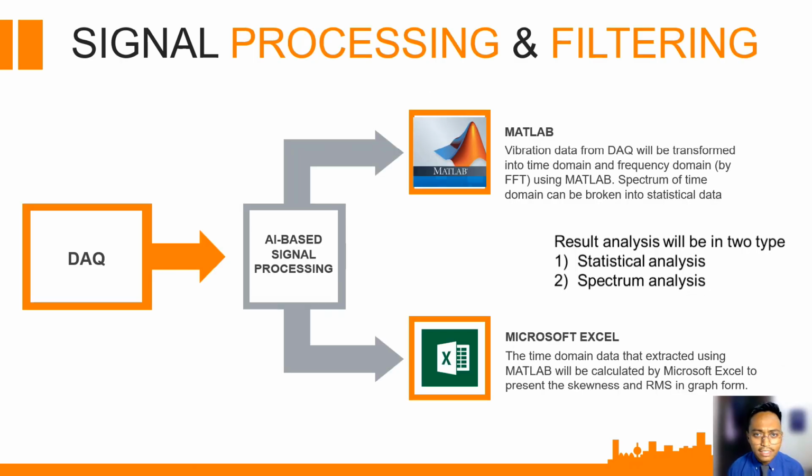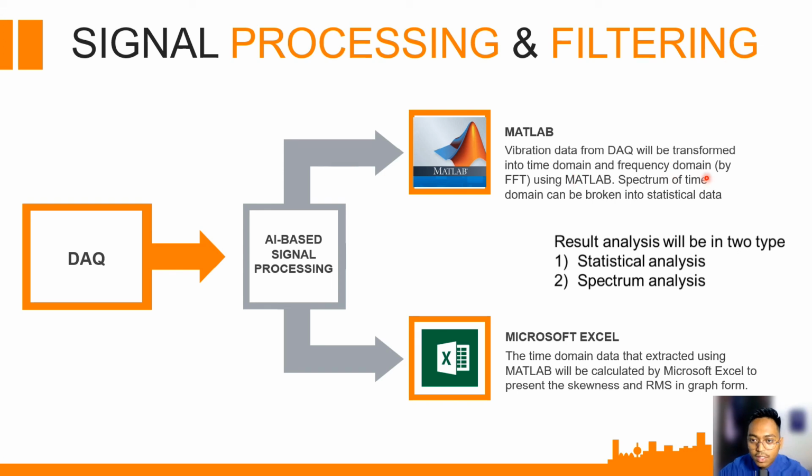Now for the signal processing and filtering. After the data from the accelerometer is recorded in the DAQ, the data will be transferred into a computer or laptop, and the signal processing and filtering will use AI-based software, which is MATLAB and Microsoft Excel. For MATLAB, the vibration data from the DAQ is in time domain.